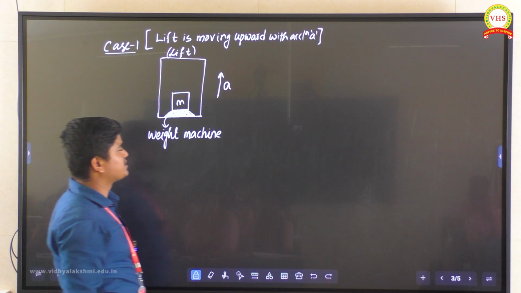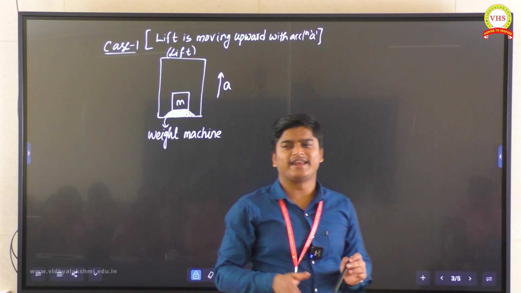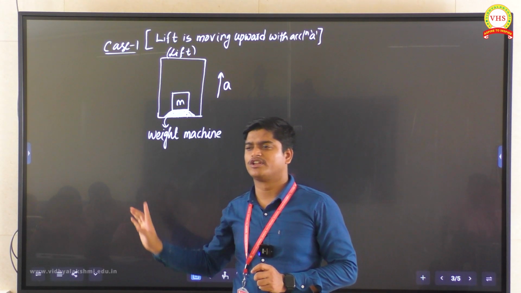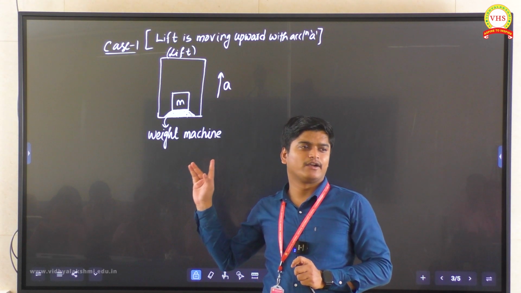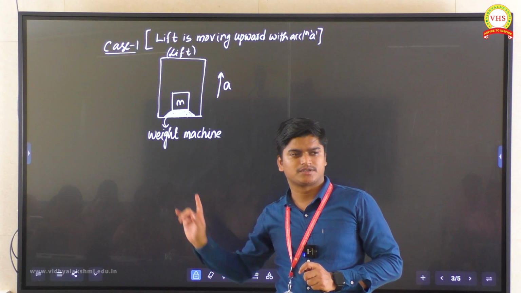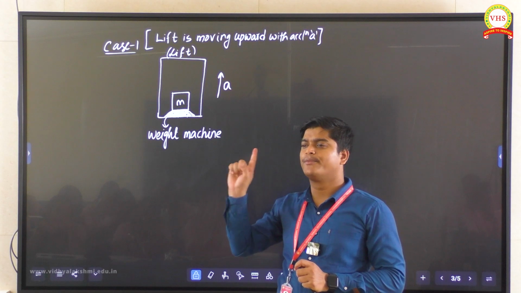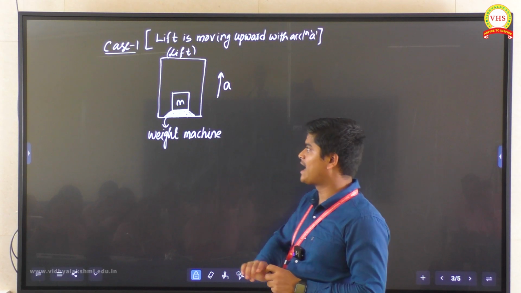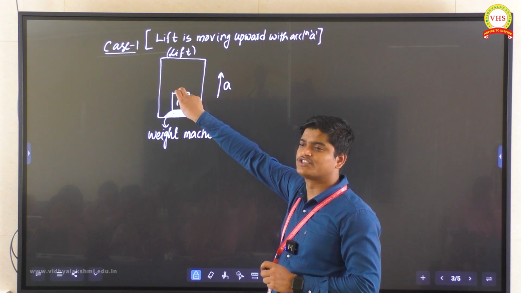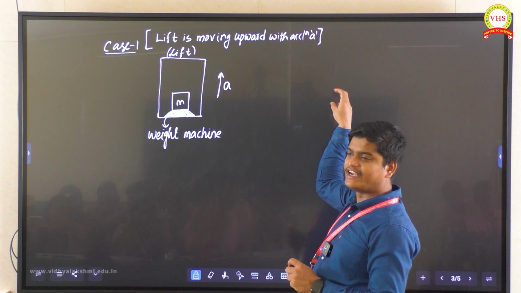Now how to approach this? I told you to solve any problem based on Newton's law or mechanics problems, always what you need to do? You need to do a free body diagram. What do you mean by free body diagram? Now this object you have to separate from the system and take individually.